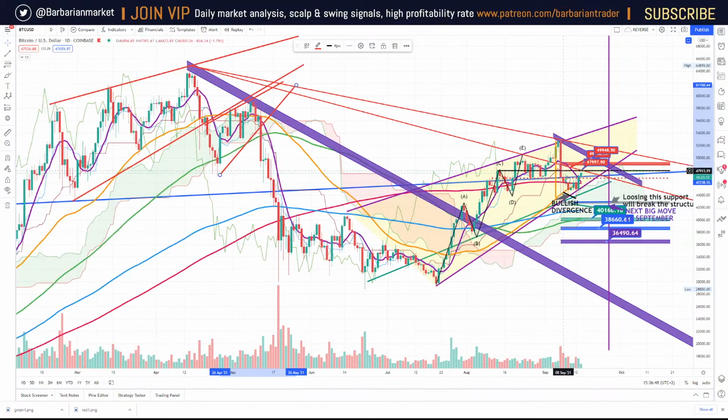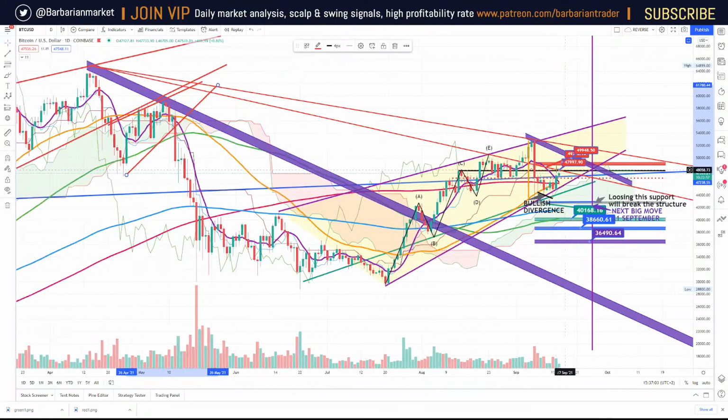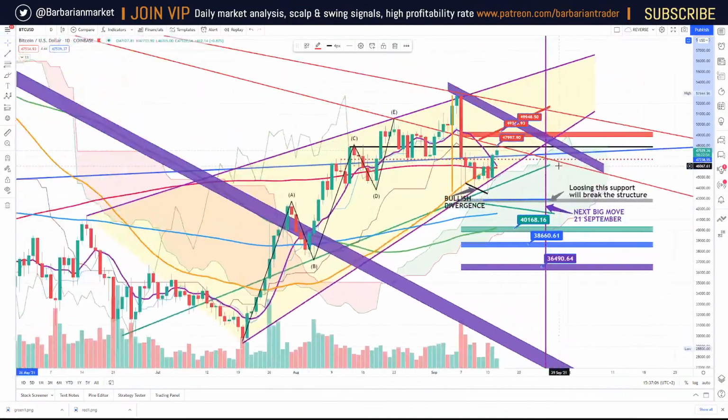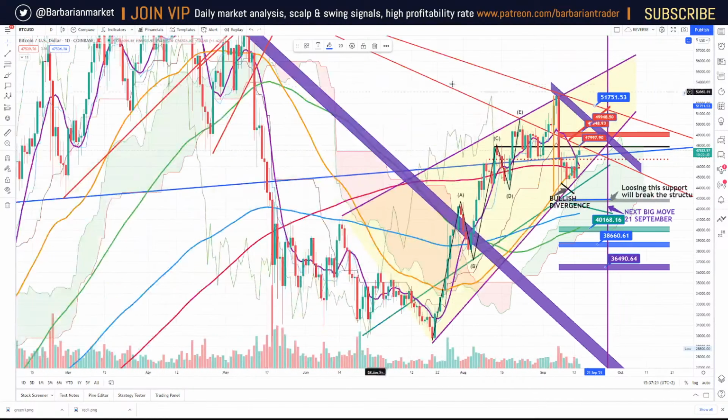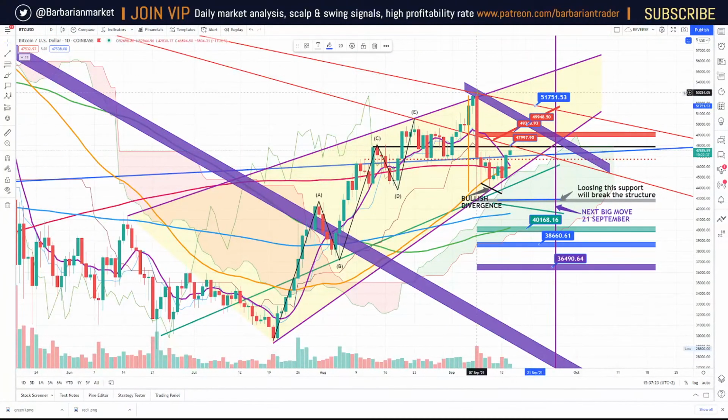As you see here, we have the diagonal resistance made from this top and this top. They broke it, dumped it, and now they come and test it again. It is possible, I don't say it's not, to see a retest of this diagonal resistance from the 65K top with this top.